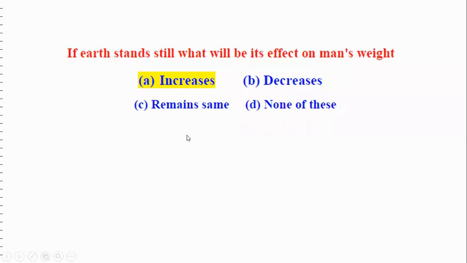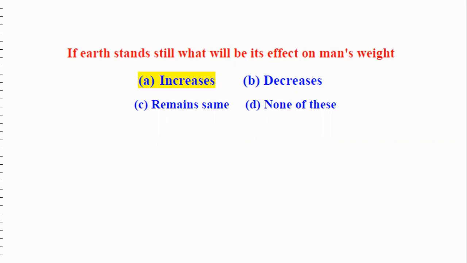If the earth stands still, what will be its effect on man's weight? If the rotational speed of the earth increases, the weight of the man decreases. If the rotational speed of the earth decreases, the weight of the man increases.